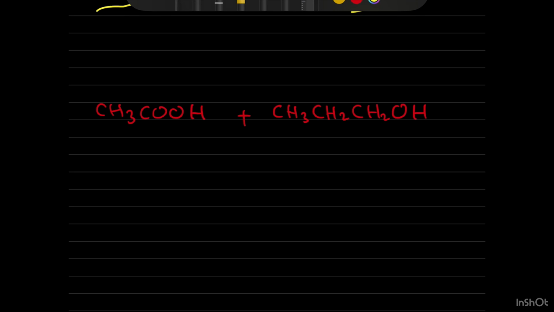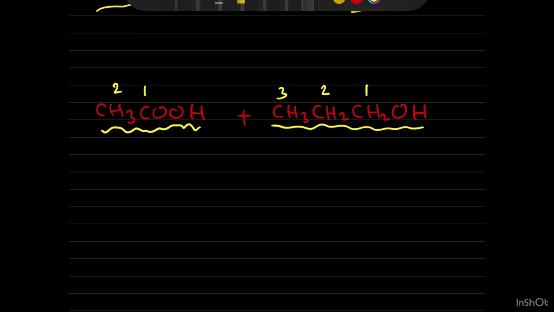First of all, you have a carboxylic acid, CH3COOH. It's called ethanoic acid, and an alcohol. We can see that the alcohol is composed of 3 carbons, 1, 2, 3, and for the acid it's 2 carbons.